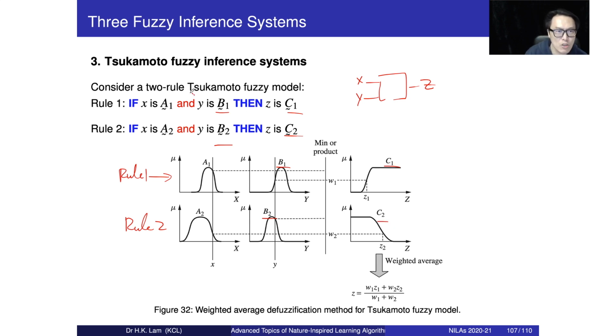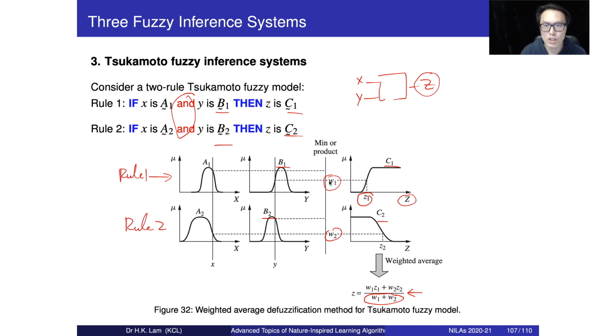Again, how to deal with this AND is the way we obtain this w1. When we get to this point and perform defuzzification to come up with the output y, we use the weighted sum approach as well: w1 times z1 plus w2 times z2, and the denominator is w1 plus w2. And note that this w1 is the value in the x-axis, the label, that is z.